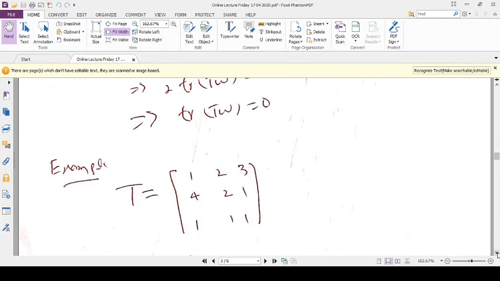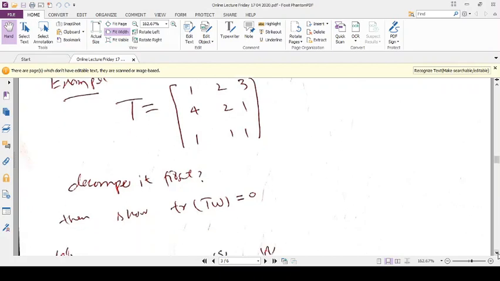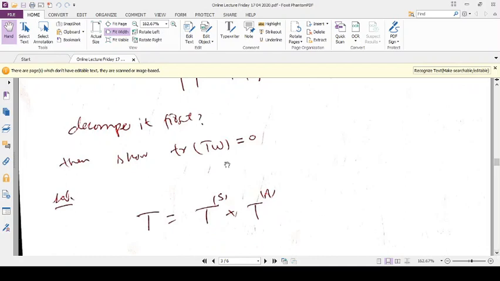So let us take an example and apply all that we have learned above. Suppose we have a tensor T. First we have to decompose it into a sum of two parts, one symmetric and one antisymmetric. Then we will show that the trace of their product, symmetric and antisymmetric, equals 0.